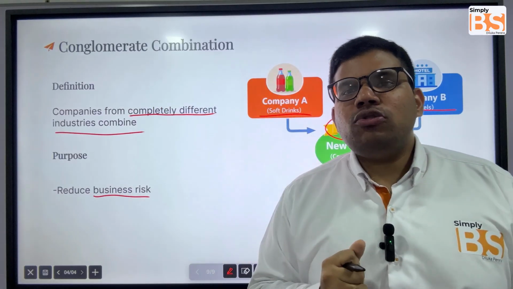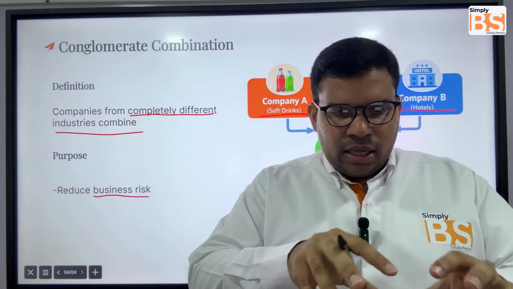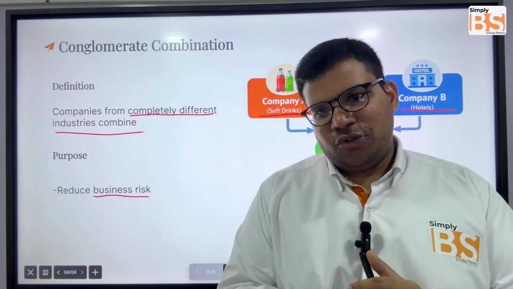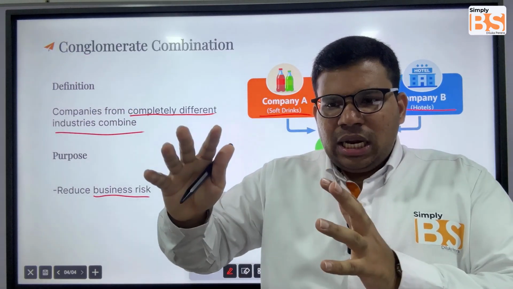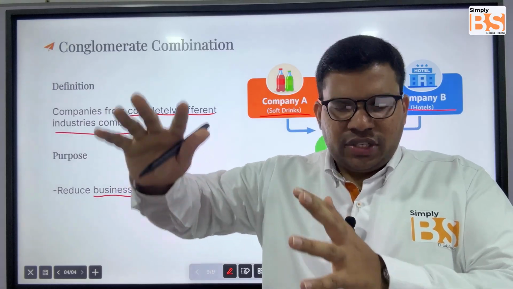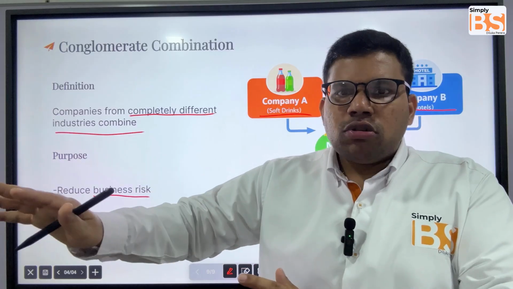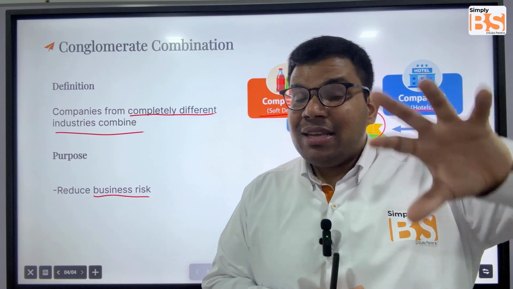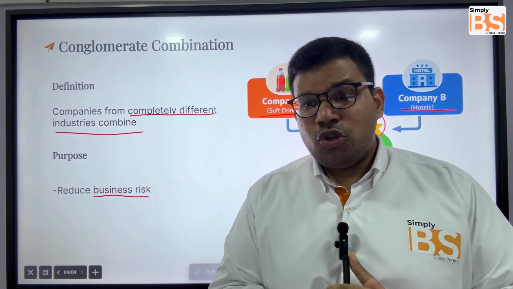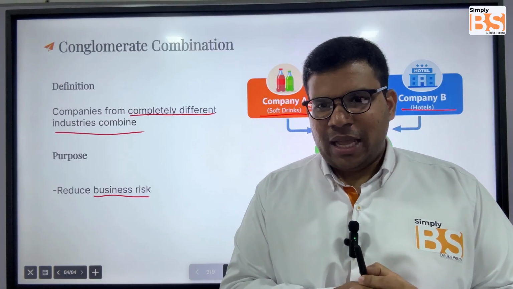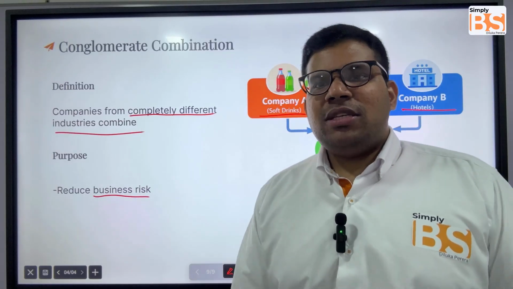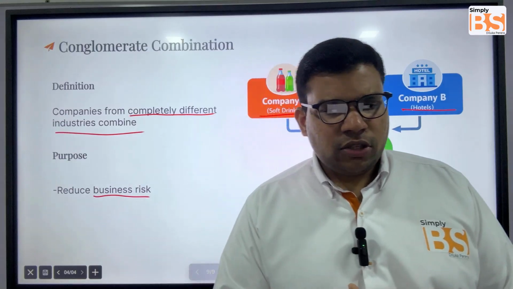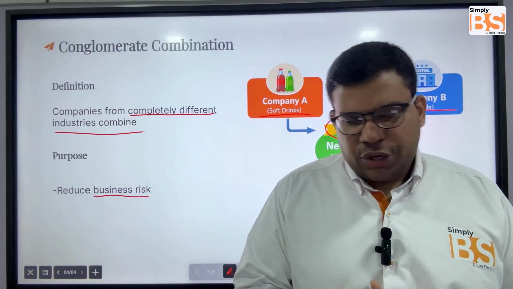So in order to reduce that, you can share your investments across different industries. If one company you have invested in goes down or makes a loss, that's fine, because you have invested in other companies in other industries, so you can gain from those industries. That will lead to a reduction in business risk. We call this concept diversification.